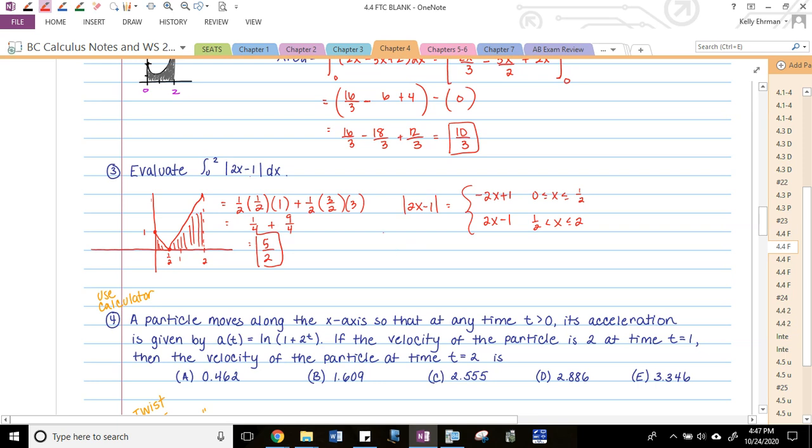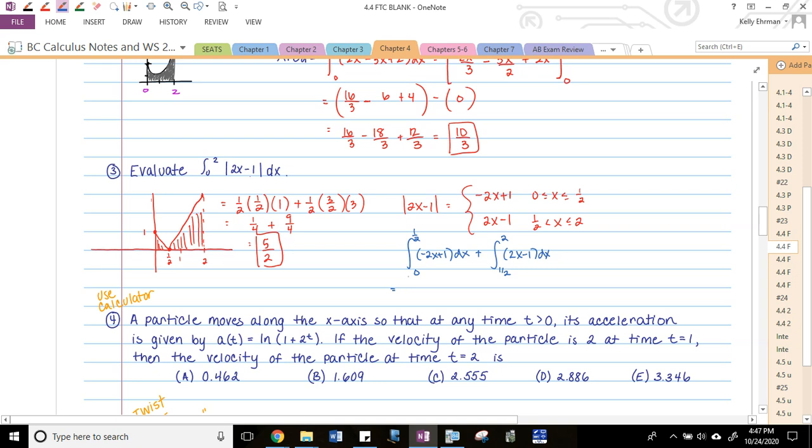You'd have to say this integral is equal to the integral from 0 to 1/2 of negative 2x plus 1 dx plus the integral from 1/2 to 2 of 2x minus 1 dx. And let's see if we get the same thing.